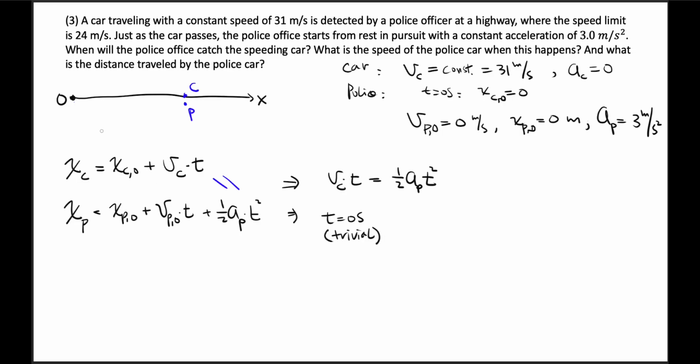Because we know that's the initial position of both police and the speeding car, so that's why they should have the same displacement. But we also have a non-trivial solution where we have VC equals 1/2 AP times t. So t equals 2 VC over AP, 2 times 31 over 3.